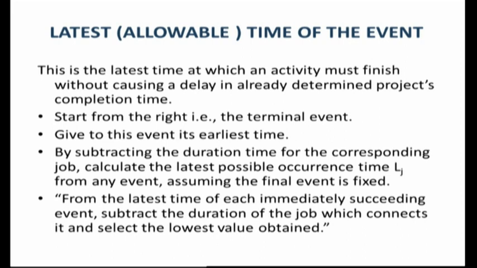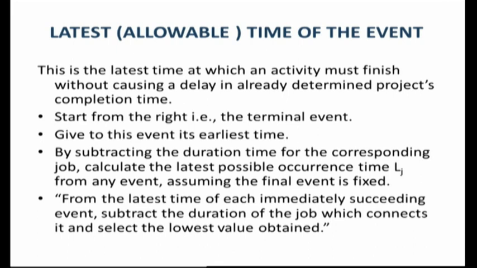To this event, we give its earliest time, which we have derived with the help of EST and EFT. Now, by subtracting the duration time for the corresponding job, we calculate the latest possible occurrence time LJ for any event, assuming the final event is fixed.